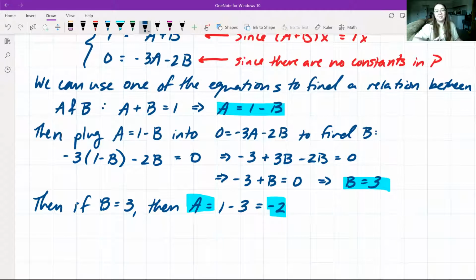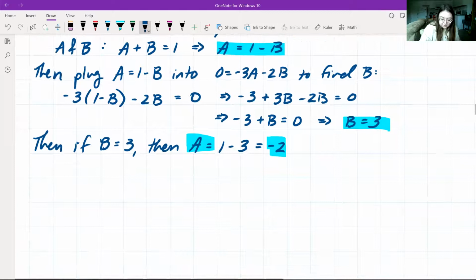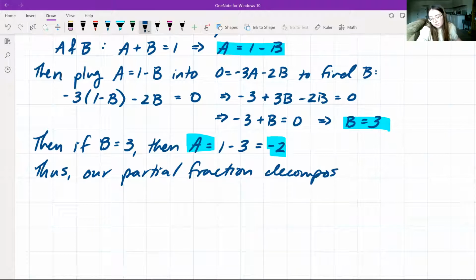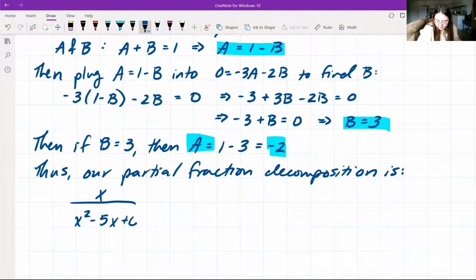All of this said, now we found the values of a and b, but remember our final step in our partial fraction decomposition is rewriting this. So our final answer is going to look like this. Our partial fraction decomposition is, and we state our original, which was x over x squared minus 5x plus 6.